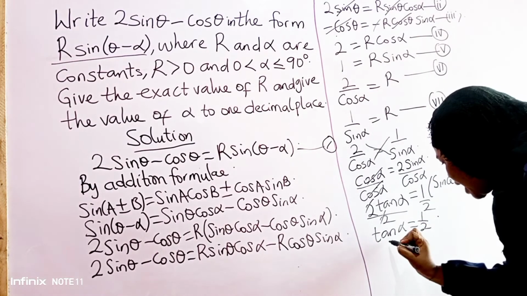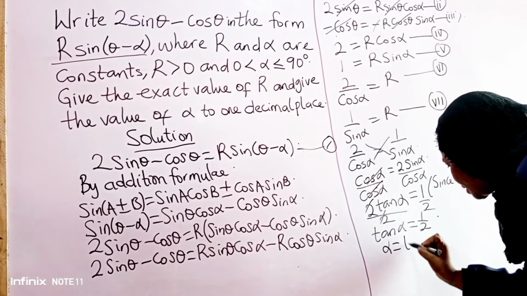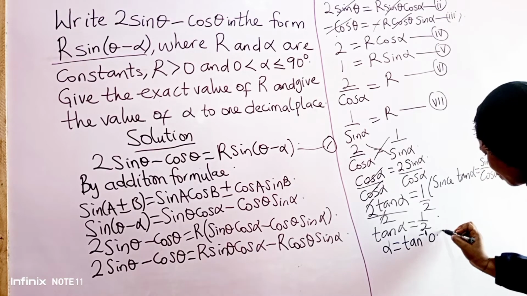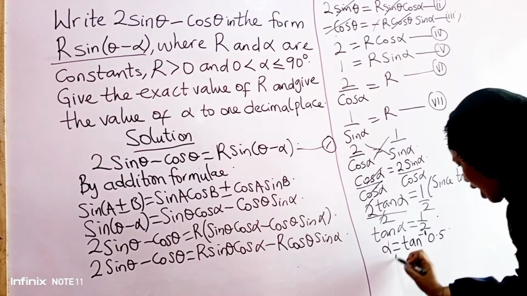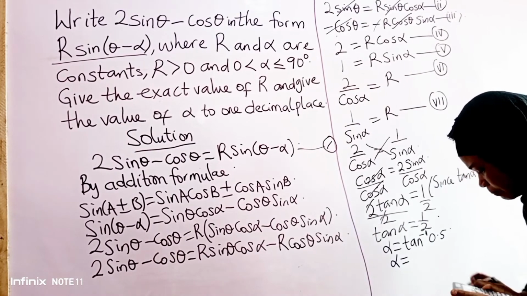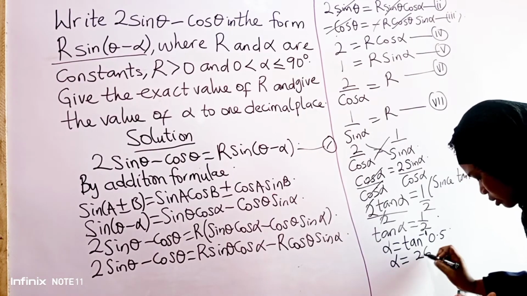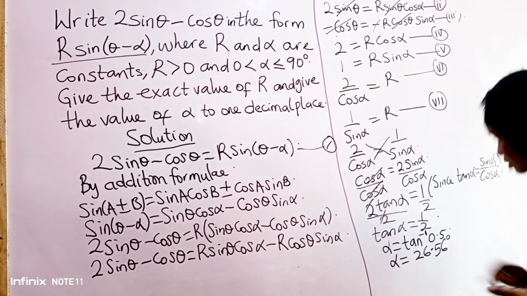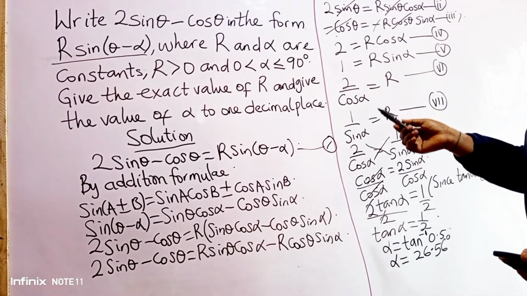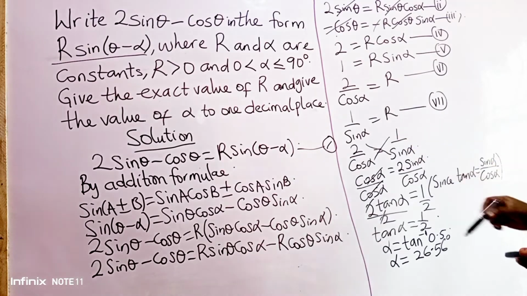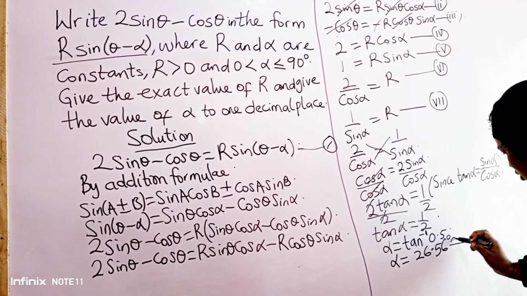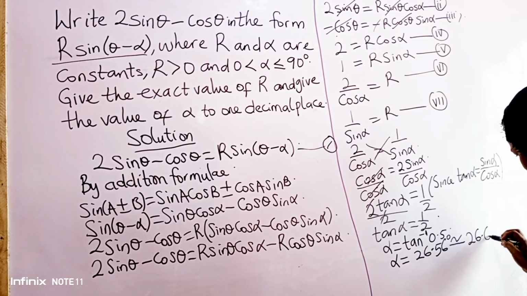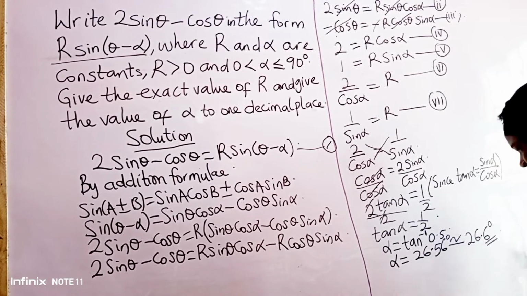So α is equal to arctan of 0.5, so α is equal to 26.56 degrees. The question said α to 1 decimal place, so α will be approximately 26.6 degrees. So we have gotten α.